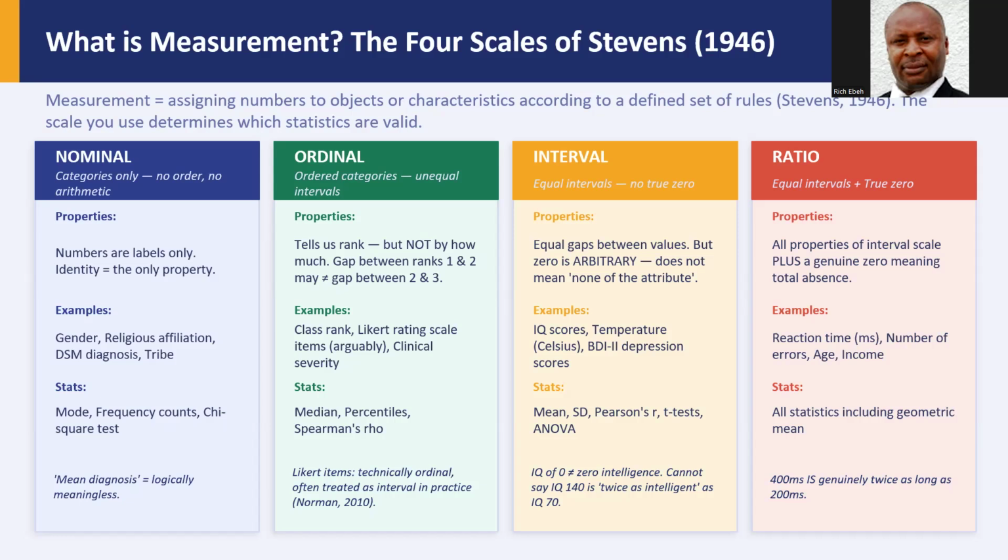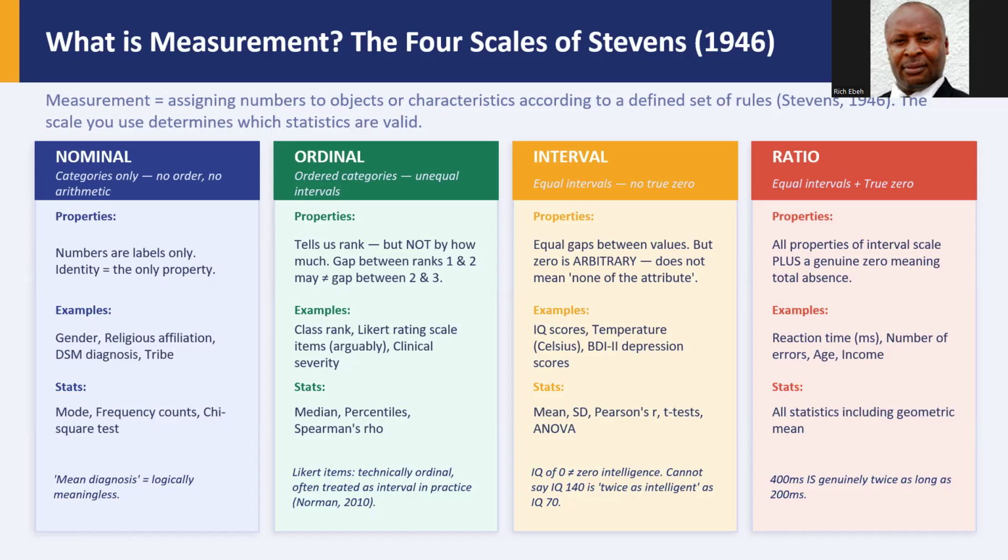A classic example is temperature in degrees Celsius. The difference between 20 and 30 degrees is the same as the difference between 40 and 50 degrees. However, there is no true 0 point for temperature. 0 degrees Celsius does not mean no temperature at all.